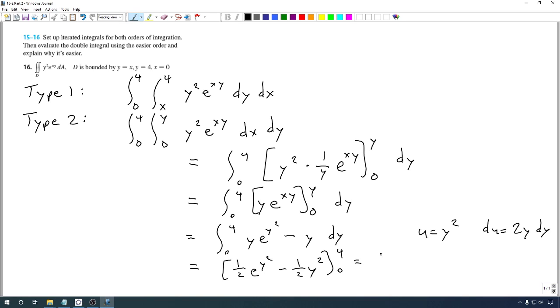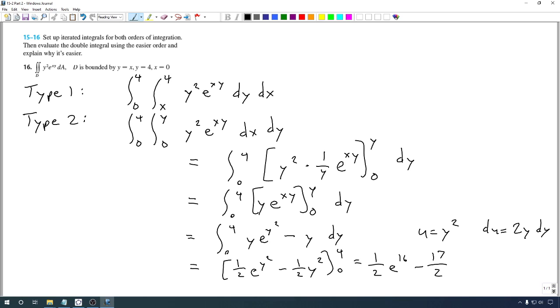When we plug those in, we'll have a 1/2 e to the 16, because we're plugging in 4. We'll have a minus 8 from plugging in 4, but we'll also get a minus 1/2, because when we plug in 0 into the e to the y squared, plugging 0 in here just gives us 0. And so those constants will actually combine to give us a minus 17/2.